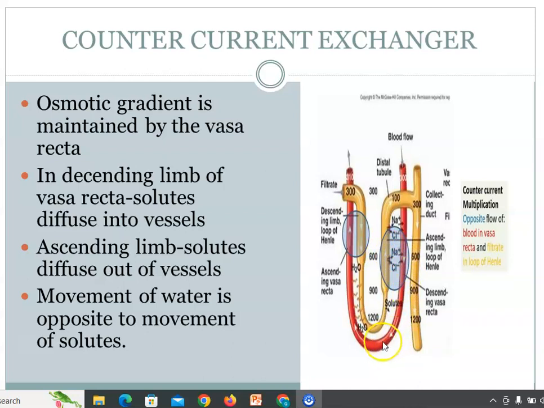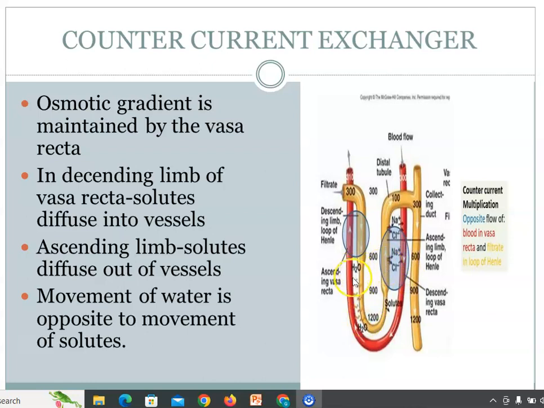And in the ascending limb of the vasa recta, the water gets diffused in and the solutes get moved out of the ascending limb. So here the solutes get diffused into the vasa recta and water gets moved out.